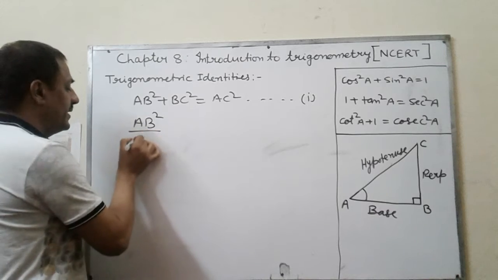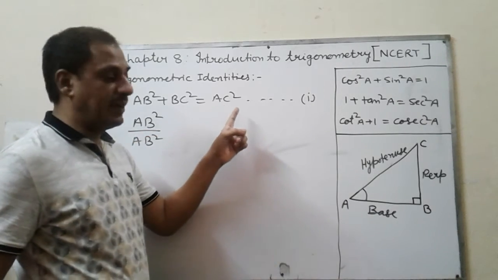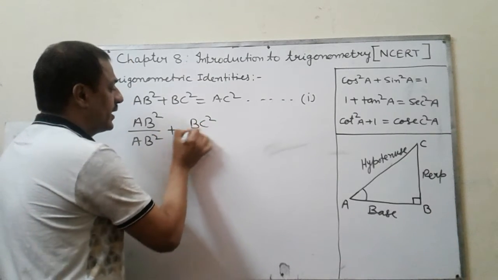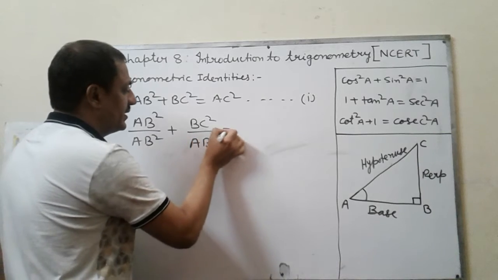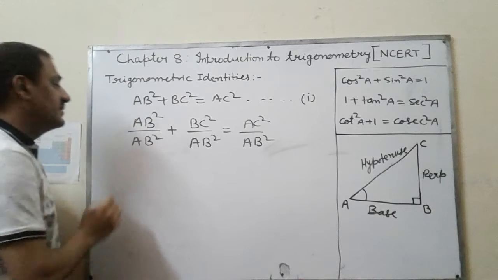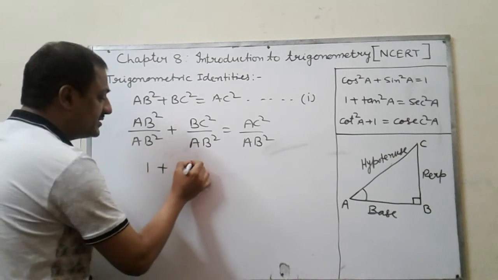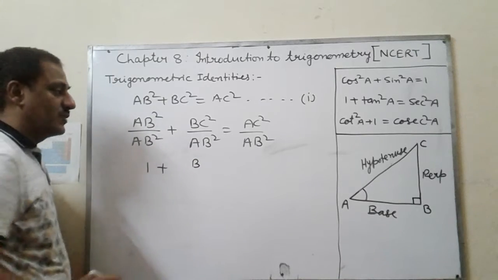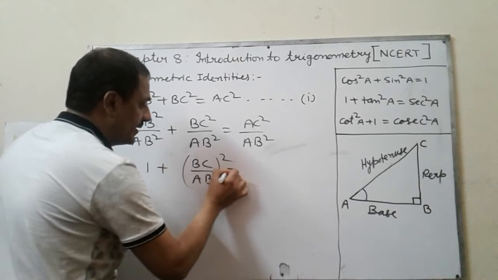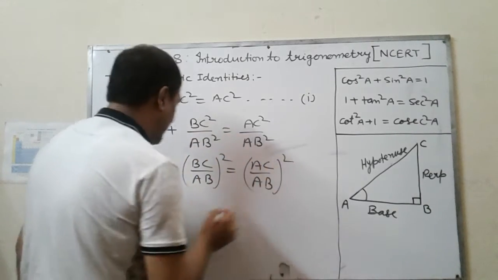AB square divided by AB square plus BC square upon AB square equal to AC square upon AB square. So AB square upon AB square equal to 1, and BC square upon AB square can be written as BC upon AB whole square equal to AC upon AB whole square.